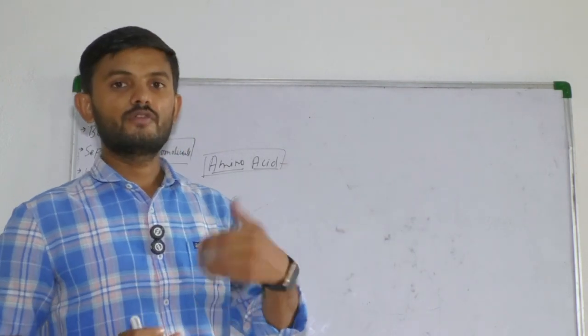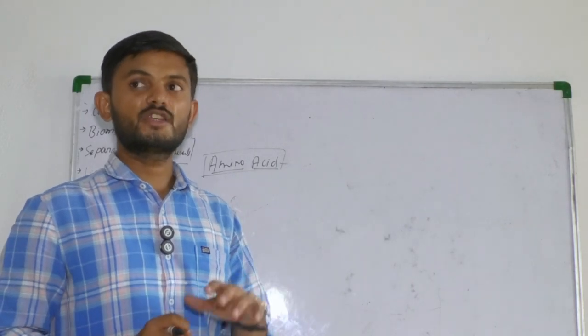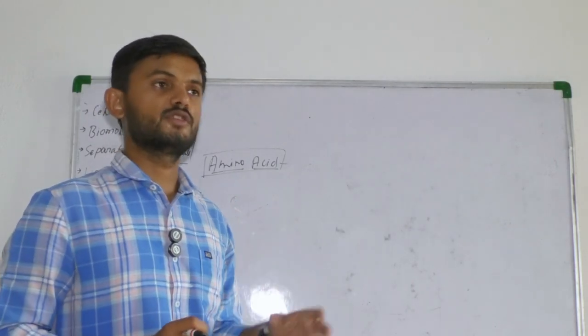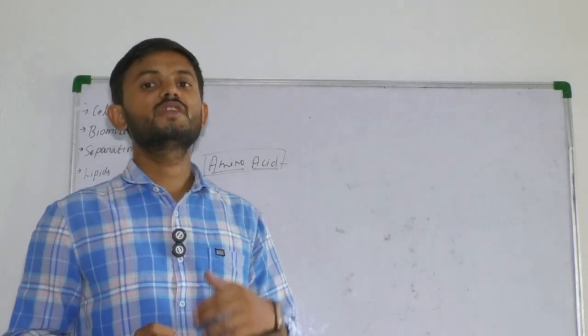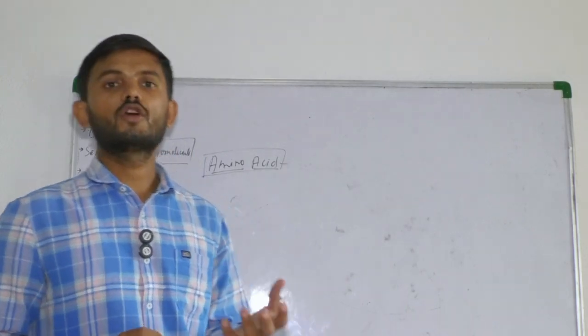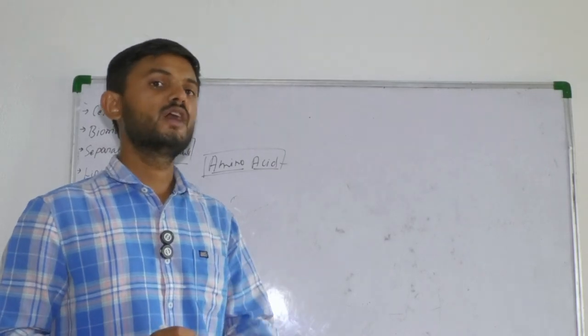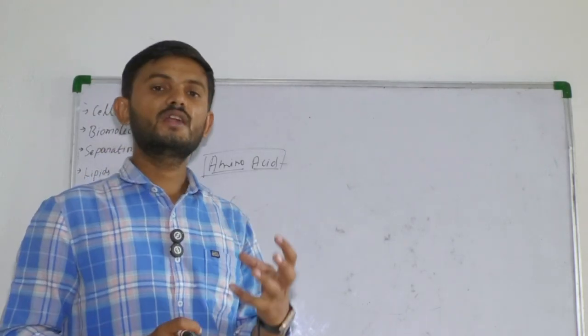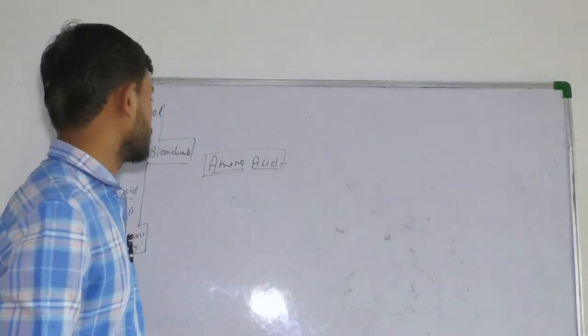There are many other types of amino acid apart from the 20 amino acid. These 20 amino acid take part in the protein formation inside our body. So that's why we call these 20 types of amino acid proteinaceous amino acid, and the other types of amino acid are non-proteinaceous amino acid.